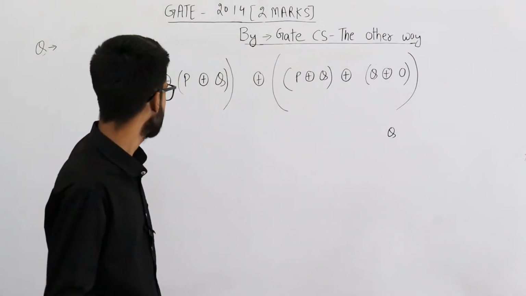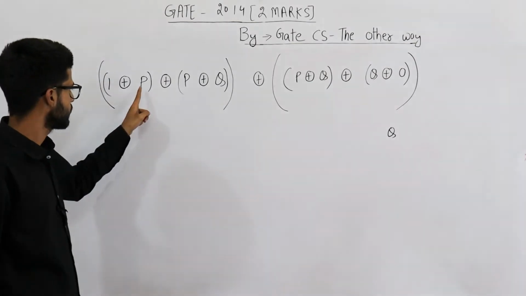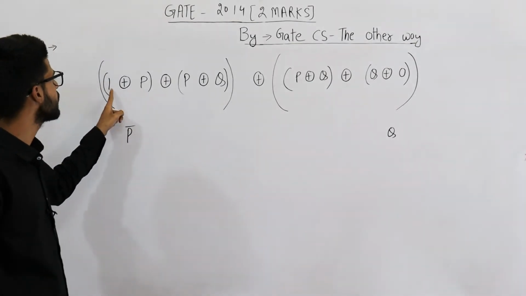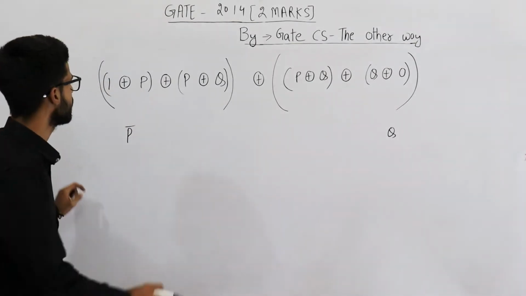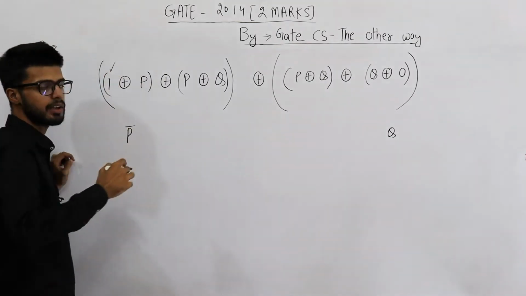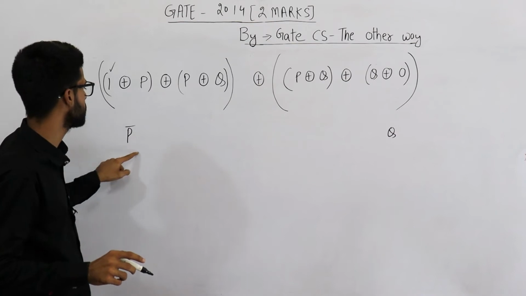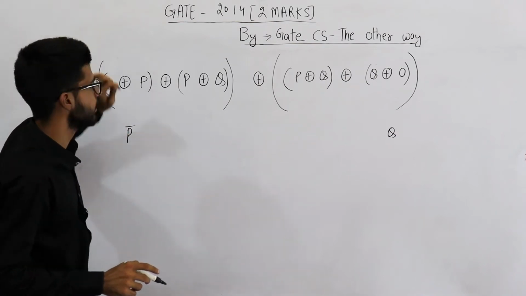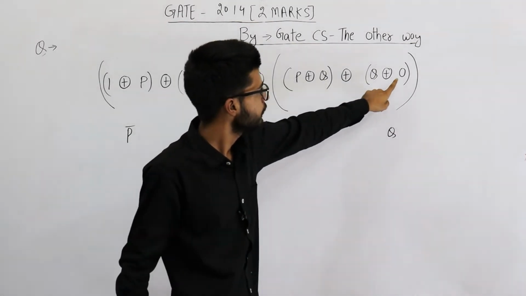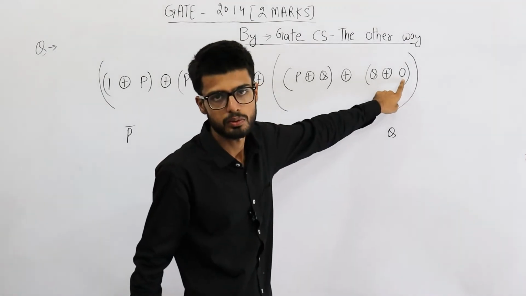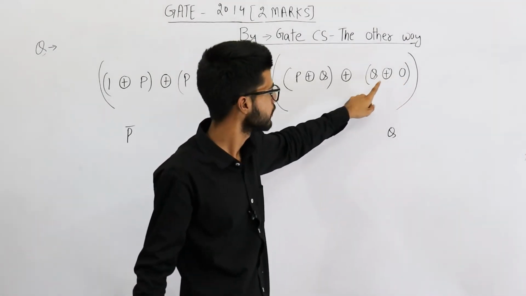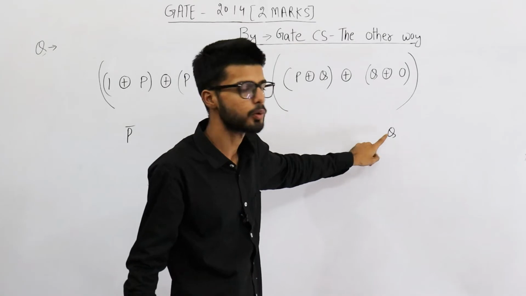That means it will invert one input if the other input is high. Whenever one of the inputs is high, the other input will be inverted. That means the output will be P bar. And second thing is, if one of the inputs is 0, the other input will be given as output as it is.